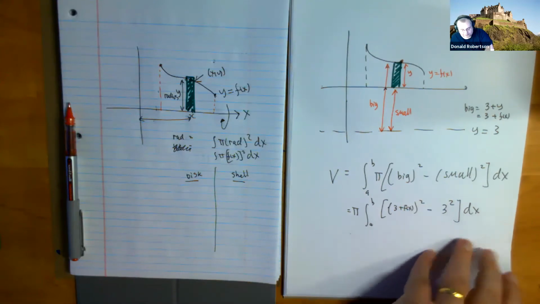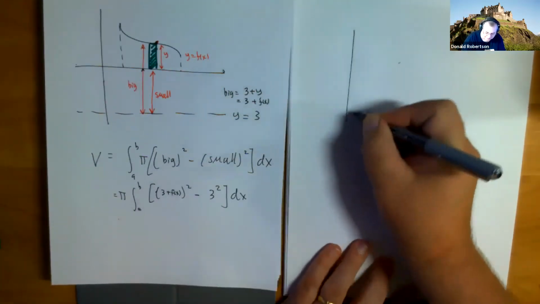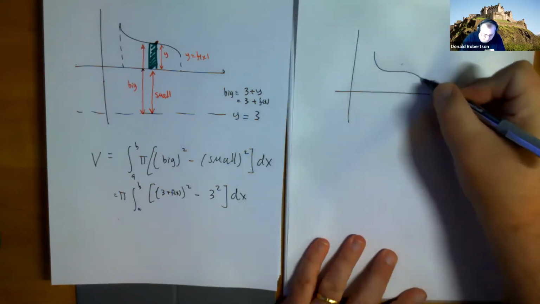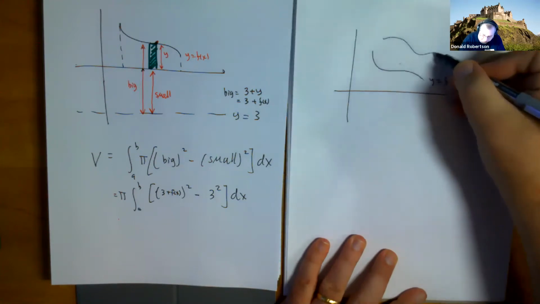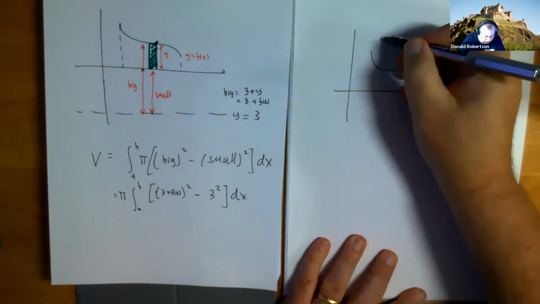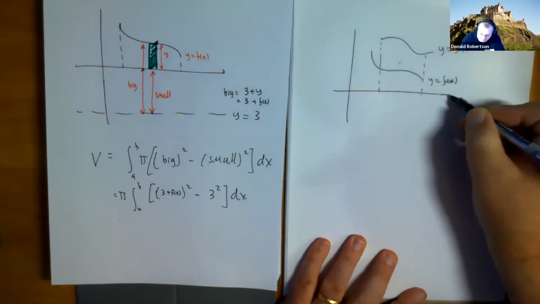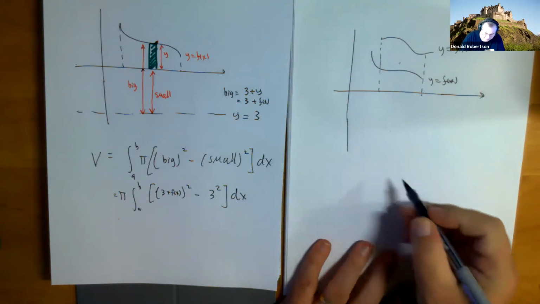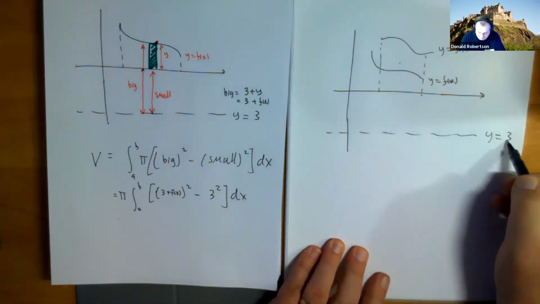Now let's do the ultimate version of this, where we have y equals f of x. We have another one up here, call it y equals, I know, g of x. It's going to start here and finish here. And we are going to rotate it down here at y equals 3 again.